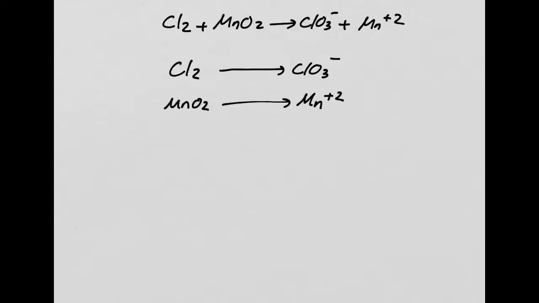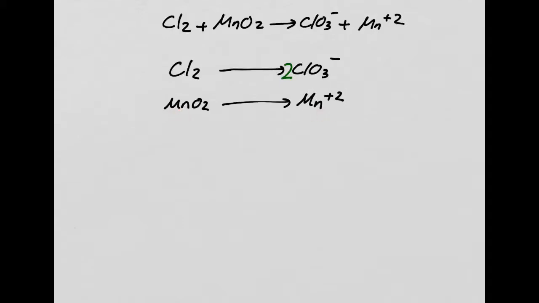Rule number 2, balance everything except oxygen, hydrogen, and charges. I have 2 Cl here. I have 1 Cl here. So what I have to do is put a 2 over here. 1 Mn, 1 Mn, I'm good.